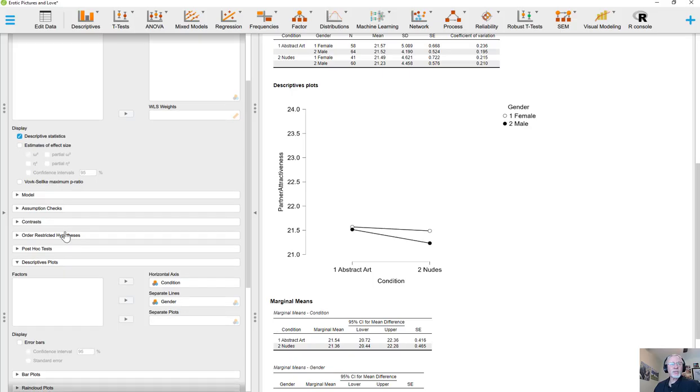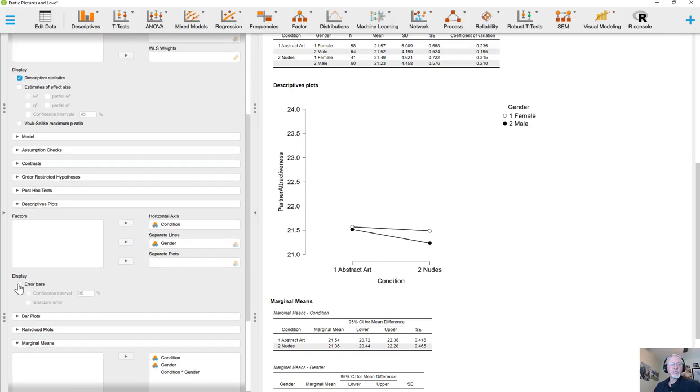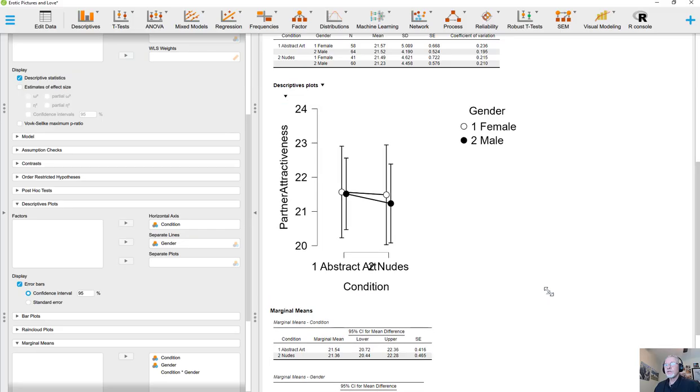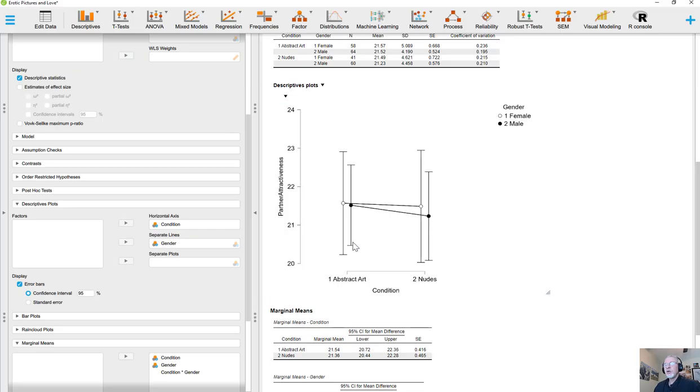And you can see this a little bit better if you just go over to the left and you click on error bars and you look at the error bars to see where the means are expected to be on the perceived partner attractiveness.